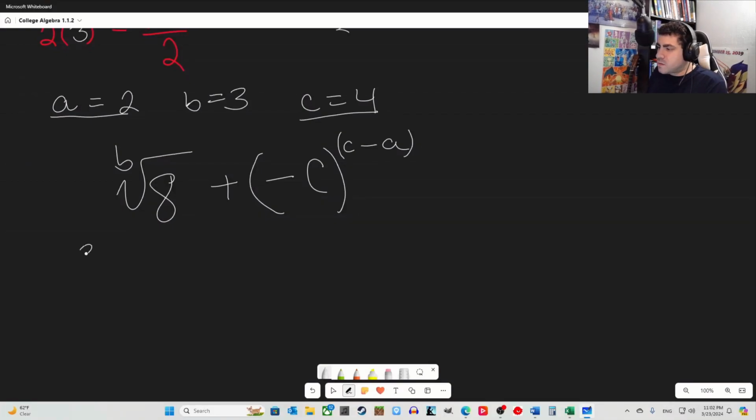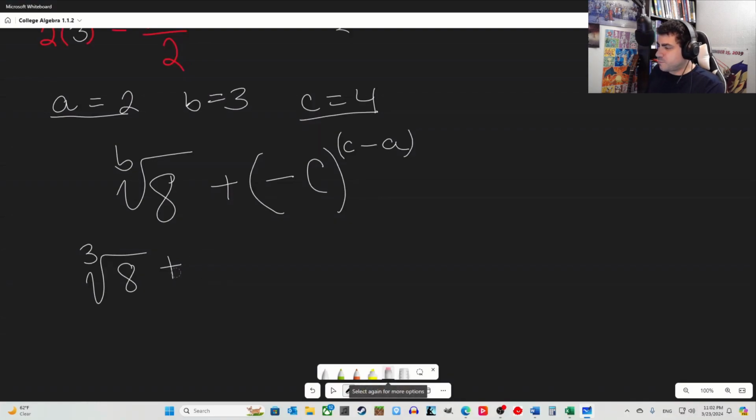That becomes the cube root of 8 plus, here we have negative C, or the opposite of C. What is the opposite of C? First of all, what is C? C is 4. So what is the opposite of 4? Negative 4.